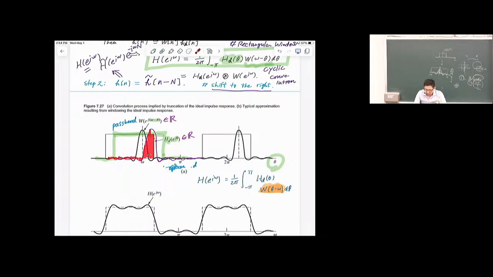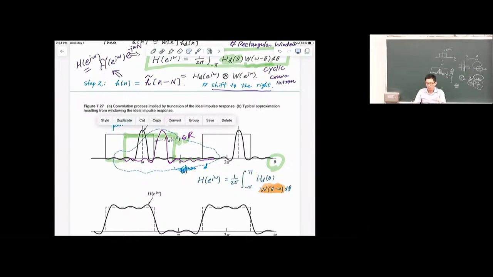But then the calculation ends right here, because now, when we keep shifting to the right, the main lobe of the Fourier transform, this is the main lobe, falls outside the passband. So the overlapping area becomes small.